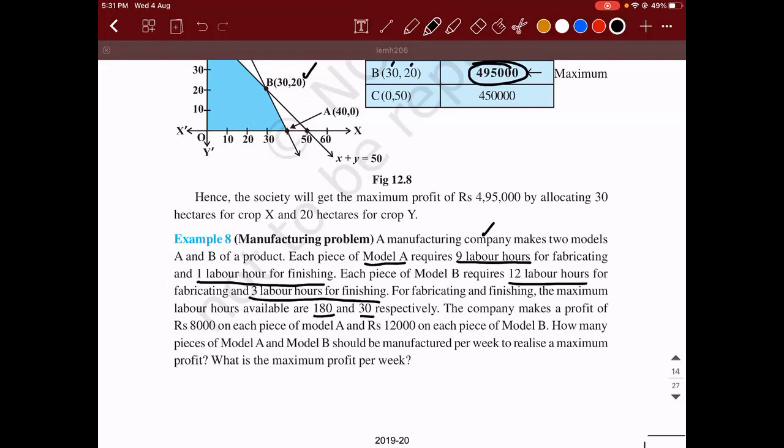The company makes a profit of rupees 8,000 on each piece of model A and rupees 12,000 on each piece of model B. How many pieces of model A and model B should be manufactured per week to realize a maximum profit? What is the maximum profit that is possible per week? Did you guys understand the question?